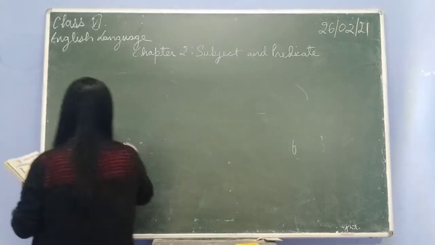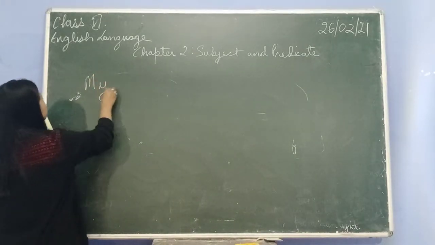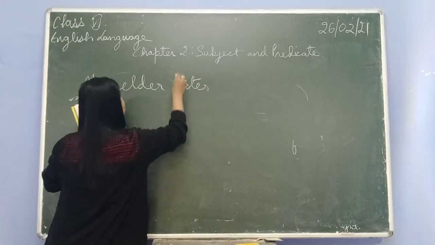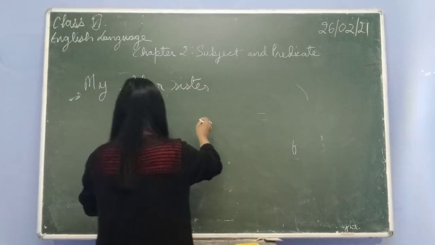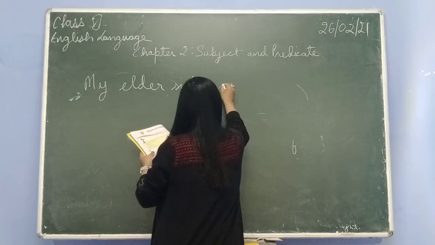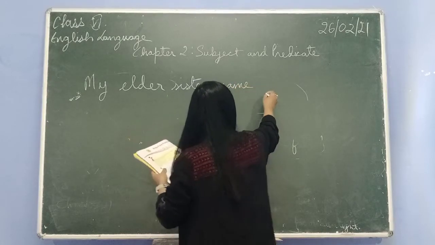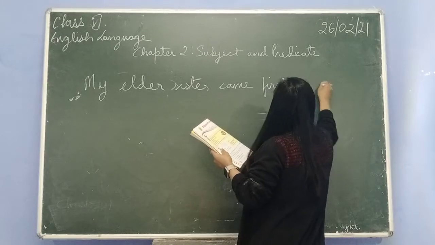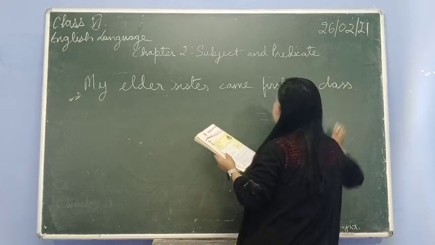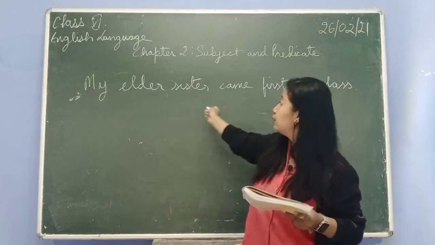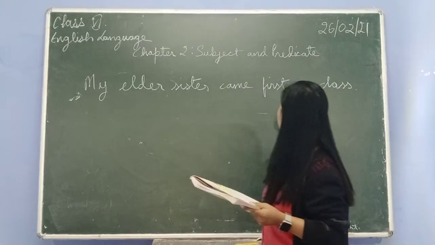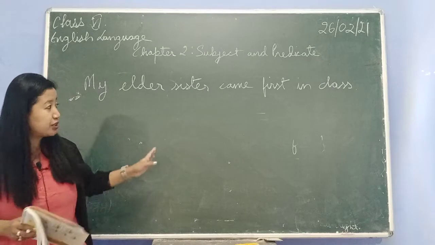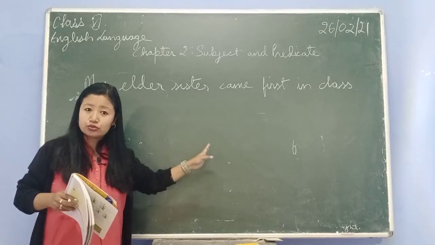I'll just write one sentence here. Can you all read? My elder sister came first in class. Find out which is the subject and which is the predicate. Can you all do it?